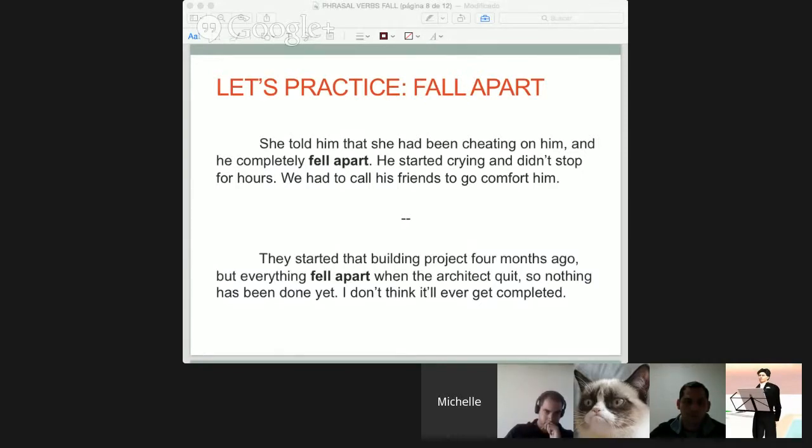Yeah. So I'm going to divide this in two sections. If you talk about emotions, to fall apart means that you're completely beside yourself with emotion, usually negative and usually sadness. Like if I say, when I got the news that my grandma had died, I completely fell apart.